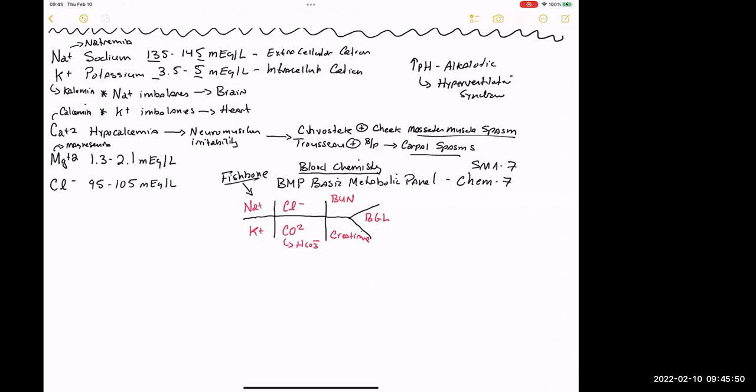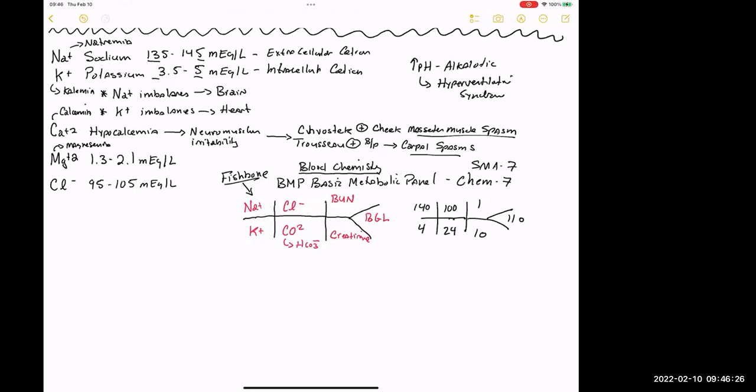Those are the 7 things that you look at on the SMA 7, or the basic metabolic panel, right? So if you see something like this, you would know that their sodium is 140, their potassium is 4, the chloride is 100, the bicarbonate is 24, the BUN is 1, the creatinine is 10, and the blood sugar is 110.